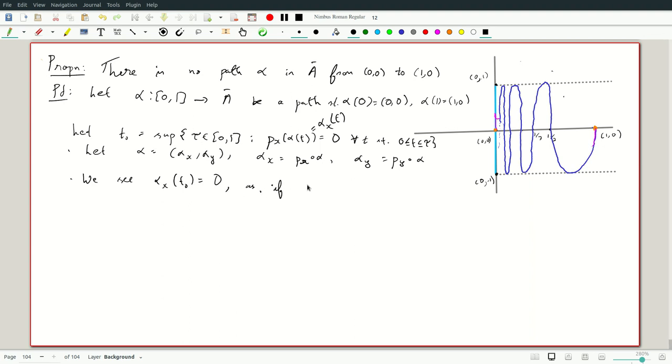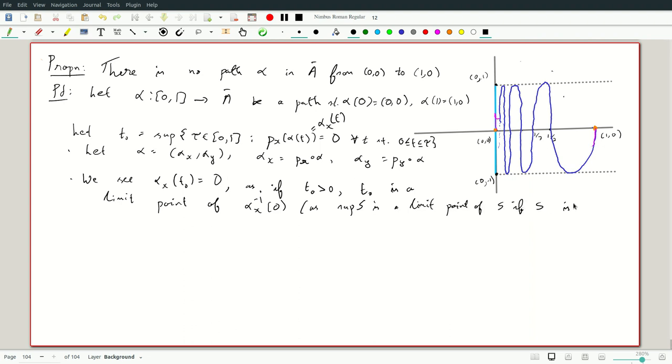If t0 is greater than 0, then t0 is a limit point by construction of alpha x inverse of 0, because every point in this set is in alpha x inverse of 0, and a supremum of a set is a limit point of an infinite set. That is, sup S is a limit point of S if S is infinite.